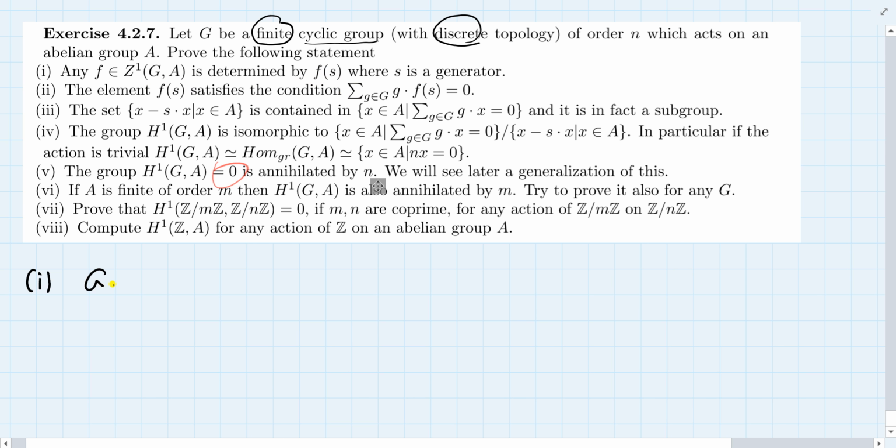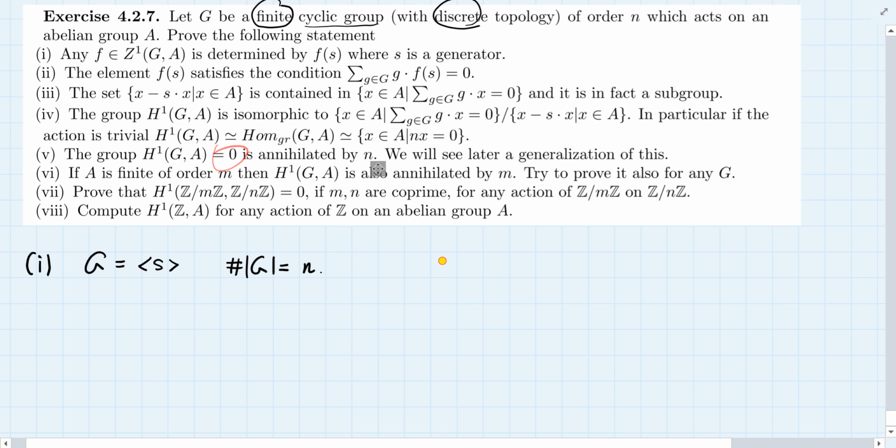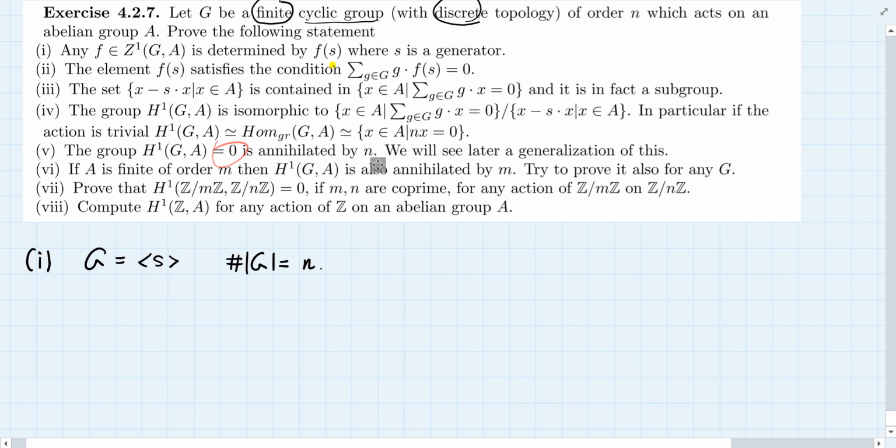Okay, so G is a finite cyclic group generated by S. Show that this is determined by F(S).